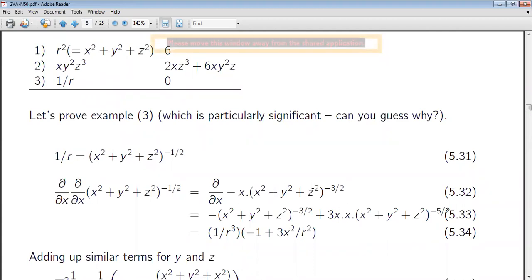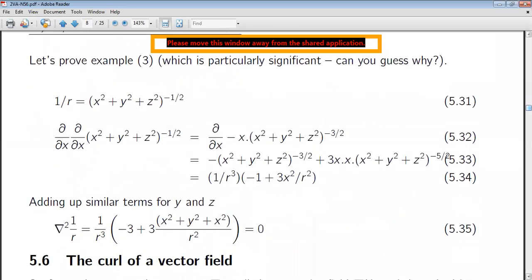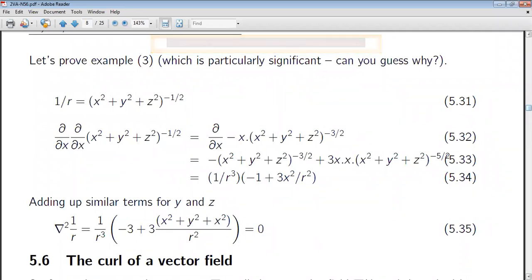It is simply x square plus twice x, 2 will cancel out. So finally the result is 1 by r cube. Similarly, the value of del square u by del y square is 1 by r cube into minus 1 plus 3 y square by r square. And del square u by del z square is minus 1 plus 3 z square by r square. So you take the LCM, finally the result is.